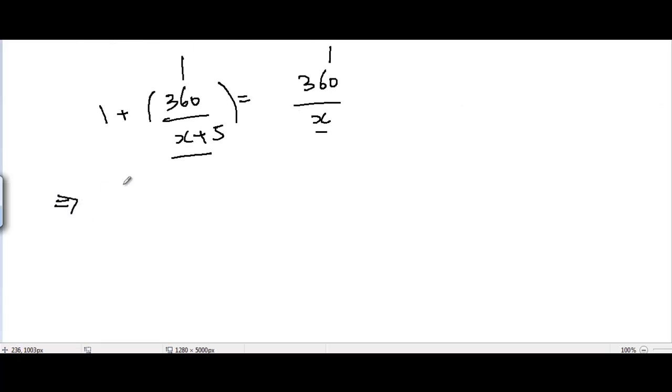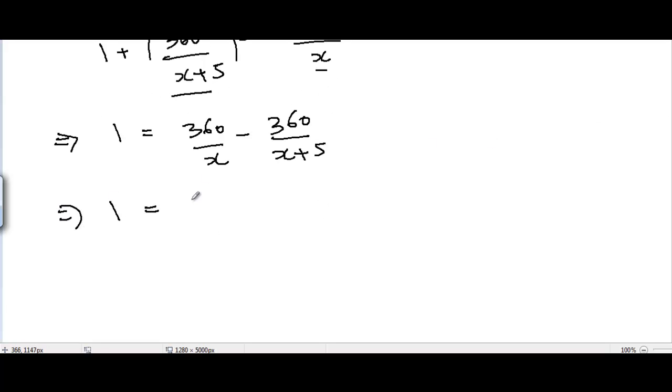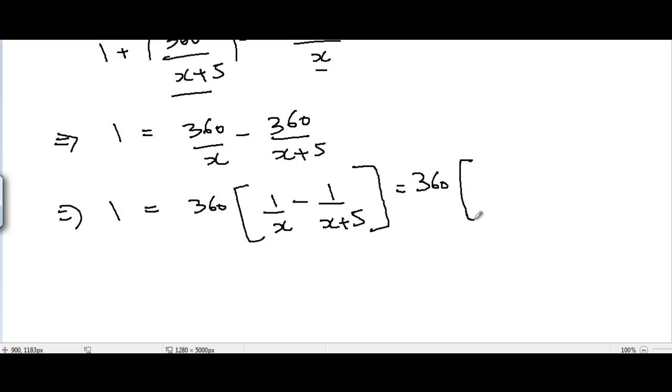Now we will solve this quadratic equation. We will make the quadratic equation first, then we will solve it. I'll keep this one on the left hand side and bring the other term to the right hand side. So 1 equals 360 times, 360 being common, 1 over x minus 1 divided by x plus 5. Now x times x plus 5 is the LCM here, and I get x plus 5 at the top minus x.